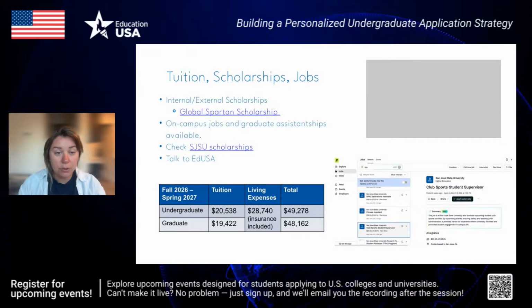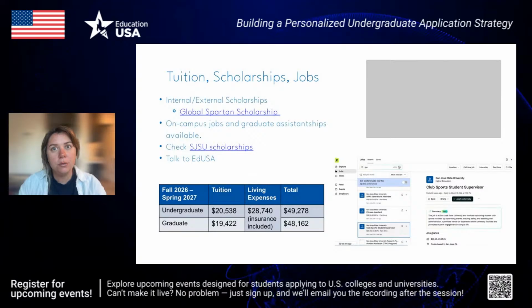Actually, no, you have to show that you have this amount of money before you're going to be accepted to the university. Before you will get your I-20, you have to show that you have that amount of money in the bank. So it can't be about future money that you're going to be getting or that you hope to be getting.